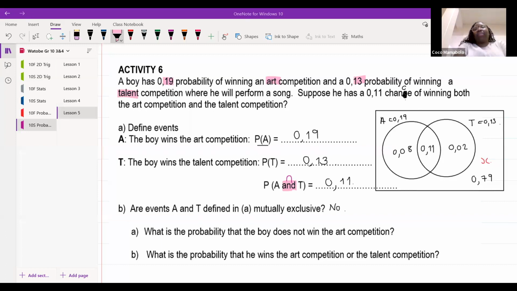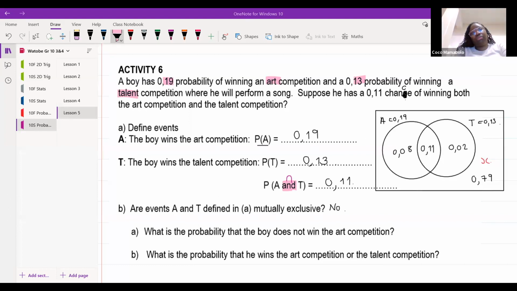Tiana, what's up? Are events A and T defined as mutually exclusive? It's the same question, why are they mutually exclusive? Is it because it's decimals, is it because it's going to equal 1, or is it just because I see an intersection? I'm confused. Okay, so remember, mutually exclusive events are two things that can't happen at the same time, right? Can this boy win the art competition and the talent competition?